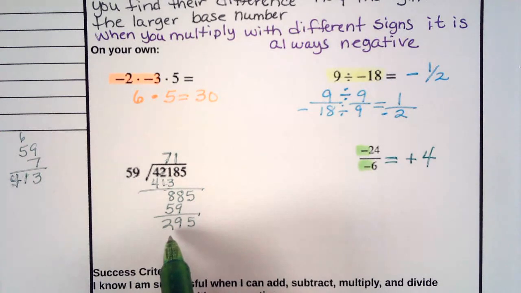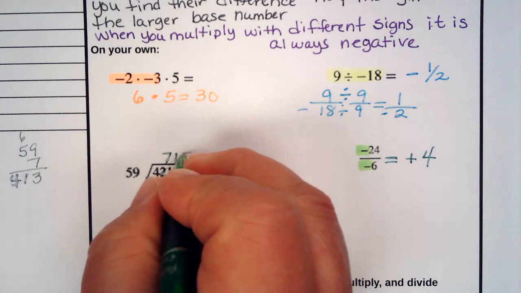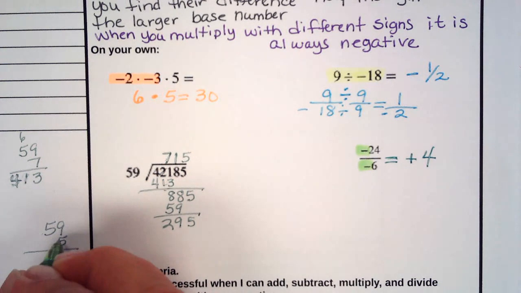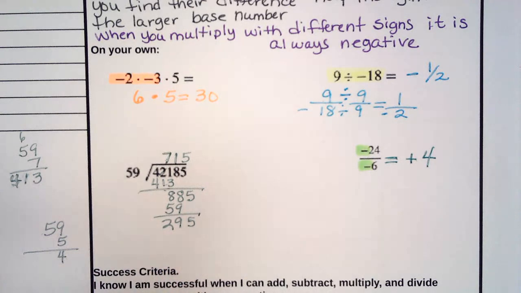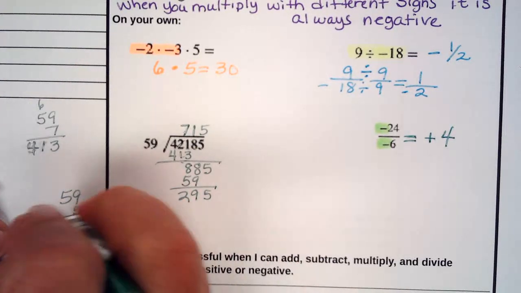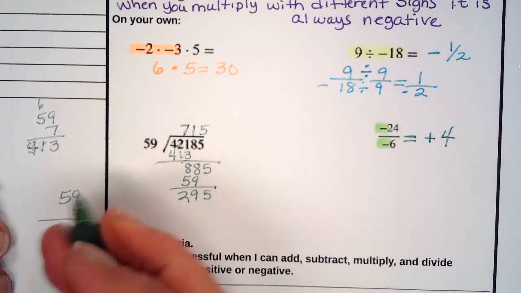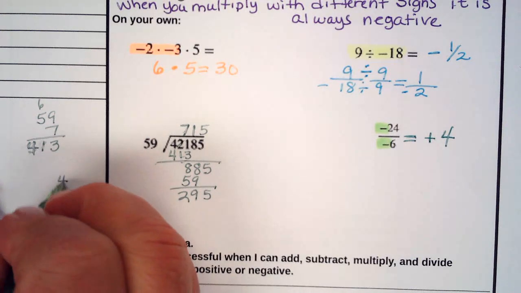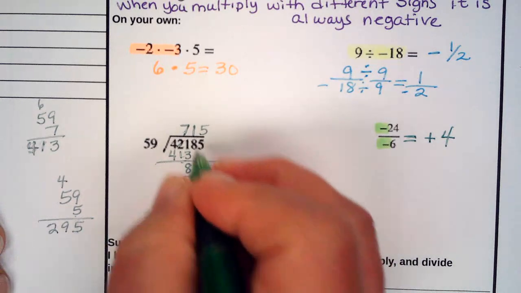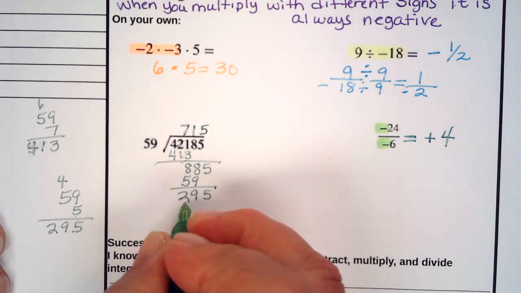Okay, so if it was 50, it would go in 5 times. Let's see if it will go in 5 times or not. That will be 45, carry the 4, 25 plus 4 is 29. So this will go in 5 times.